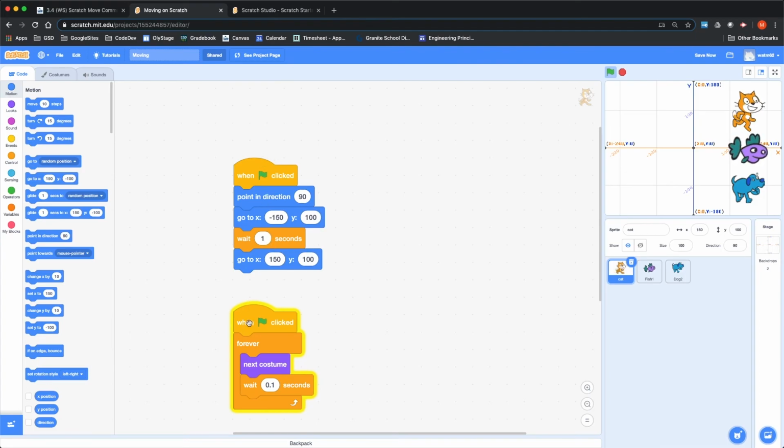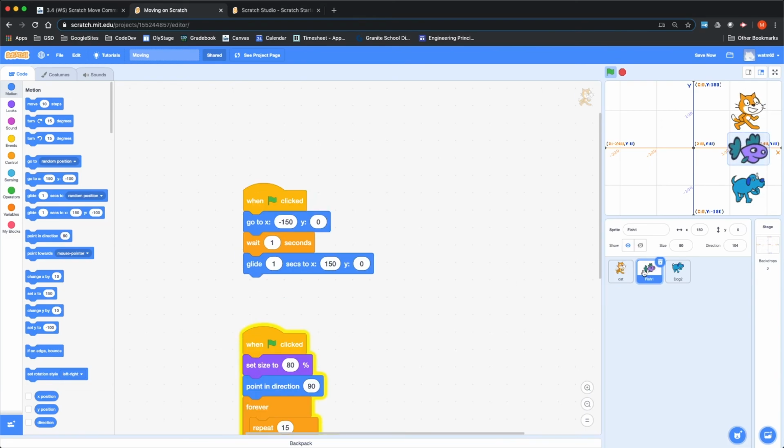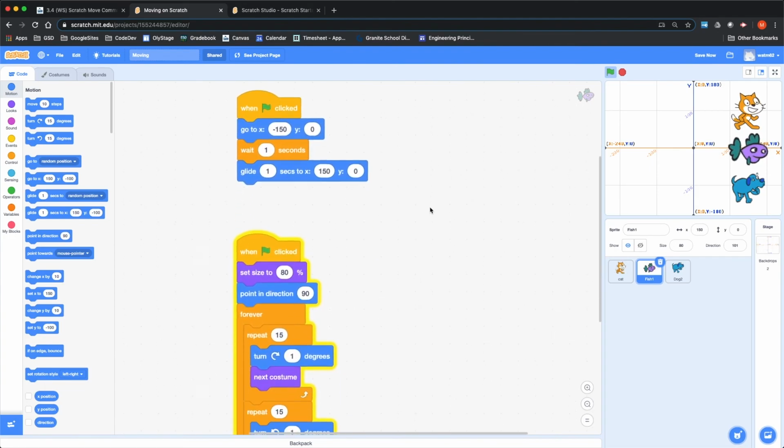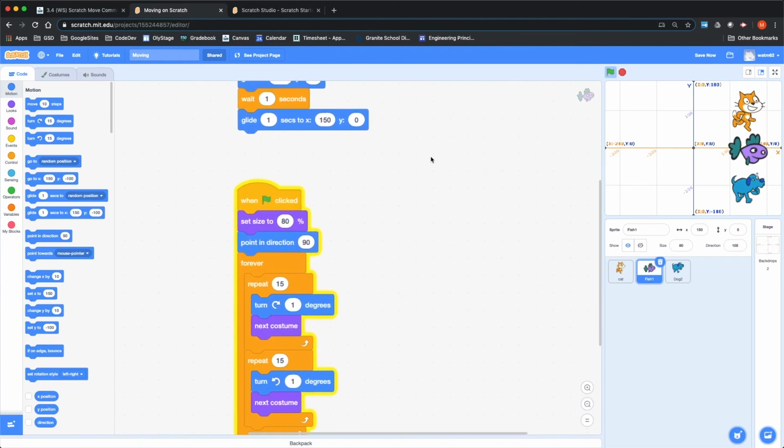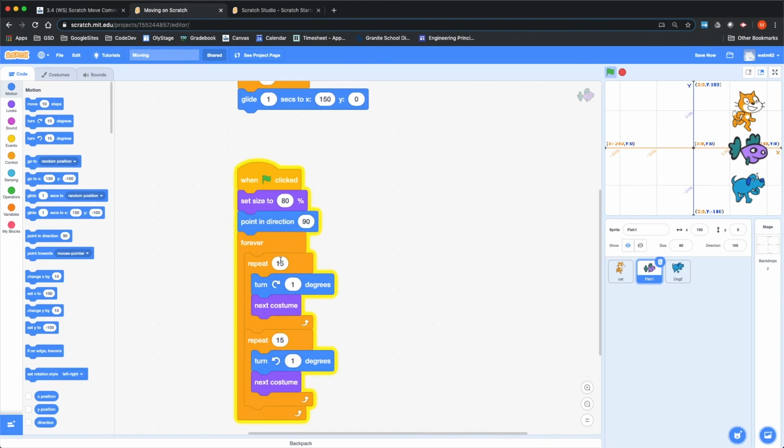So in our case, we've added a separate forever loop, a separate green flag handler. And in that forever loop, we just tell the dog or the cat to change its costume. Do something very similar with the fish, except in addition to changing costumes, I've got it rotating up and down, so it's bobbing.